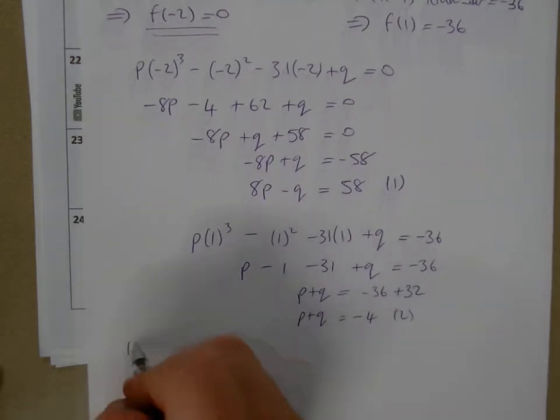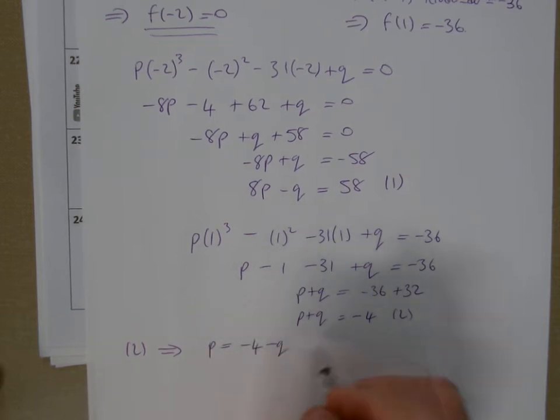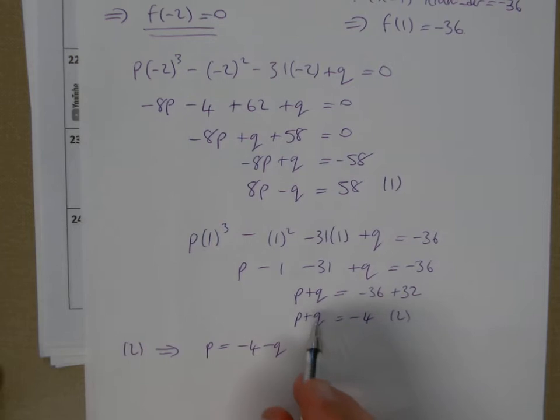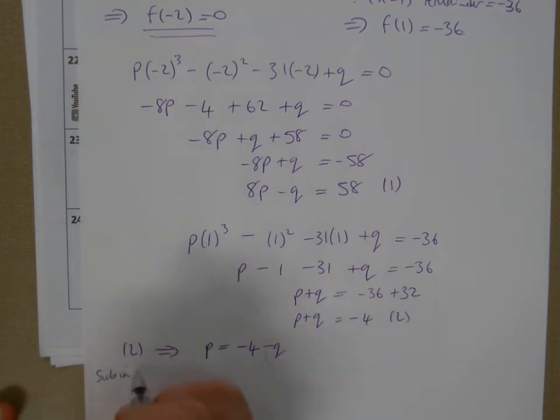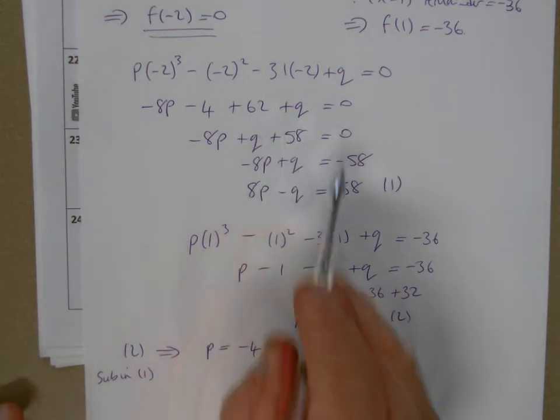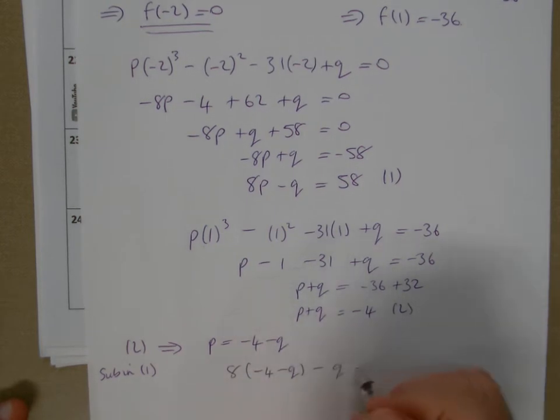With 2, I could rewrite it to say p is equal to minus 4 minus q, taking the q over to the other side. And I could sub that into 1. So I'll have 8 times minus 4 minus q, equals 58.